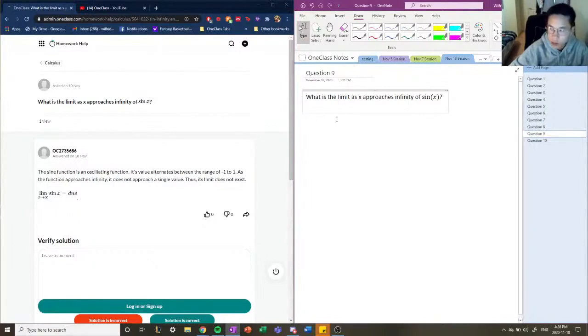I'm going to use a different method of describing what the junior tutor wrote out here. We're going to talk about the squeeze theorem again. The squeeze theorem suggests that, let's say we have a function f of x.